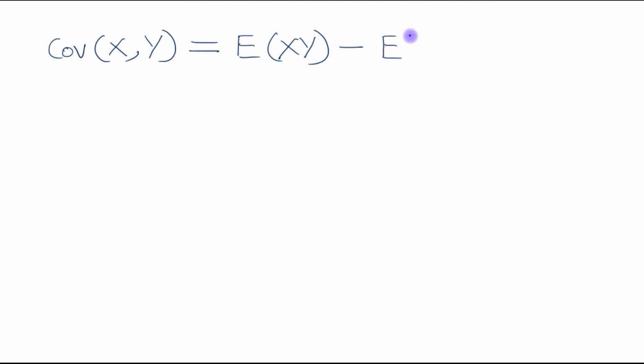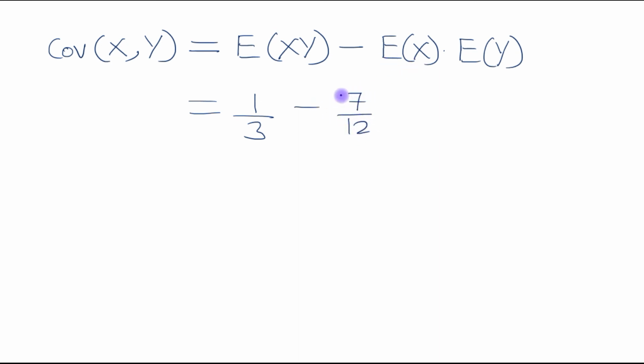and now we will find covariance between x and y, which is E xy minus E x times E y. This is 1 upon 3 minus E x, it is 7 upon 12, E y is also 7 upon 12.